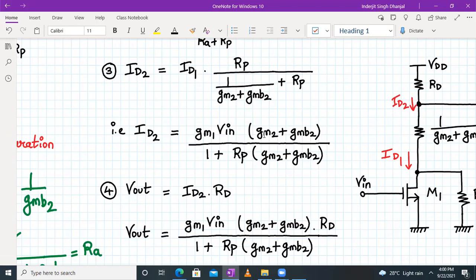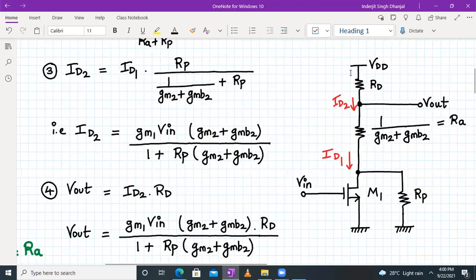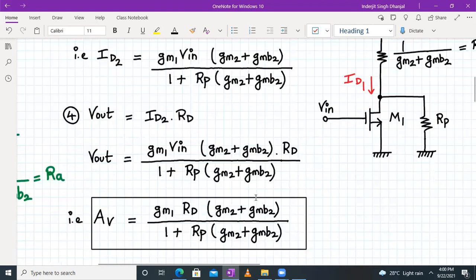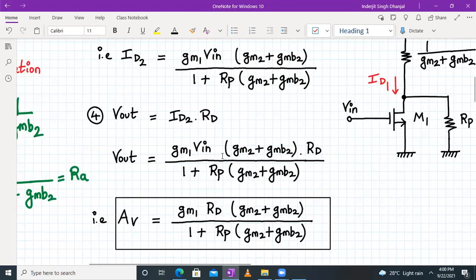So what will be V out now from this diagram? V out is nothing but ID2 into RD, right? So the ID2 expression we have got from here is multiplied with RD. So here is my voltage gain. Here we have the V in term on the right hand side and V out on the left hand side, so we'll bring the V in term to the left hand side.